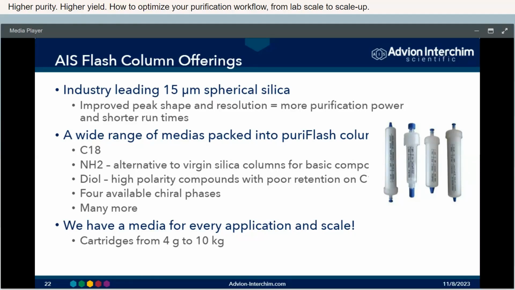We offer 4 available chiral phases packed into flash columns. And then we also have many other types of media, which I won't cover here. So we have a media for every application and every scale, and we have cartridges, depending on the media, from 4-gram all the way up to 10 kilogram. So from medicinal chem scale to process scale.